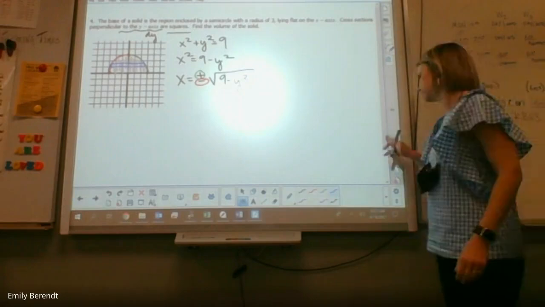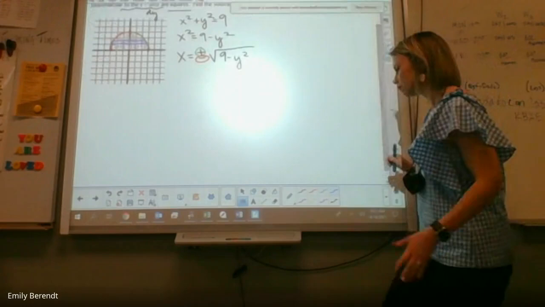We're going to go over that our cross sections are squares in this one. So area equals side squared. A wonky square, but all right.